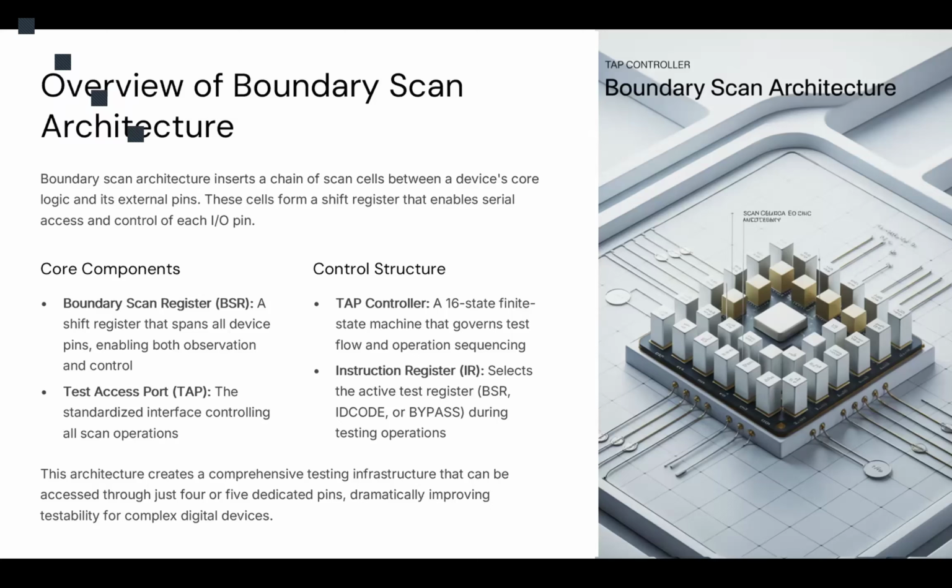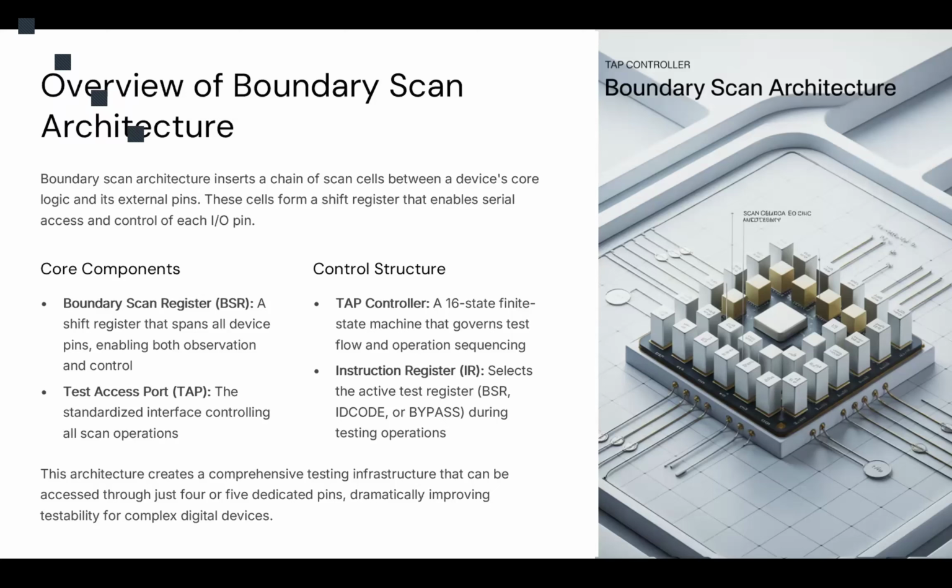This is a very helpful tool and architecture. This architecture, as we said, introduces a non-invasive testing method. The structure supports functional isolation of the pins.